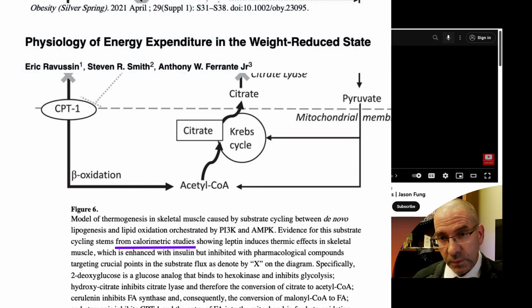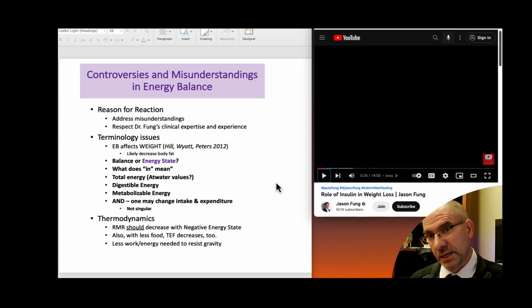So the energy balance model, the CICO model, takes into account hormone changes. I mean, that's what the energy that's taken in does. You get in a negative energy state, those hormones decrease. You get into a positive energy state, those hormones tend to increase. And so just a little clarification there.